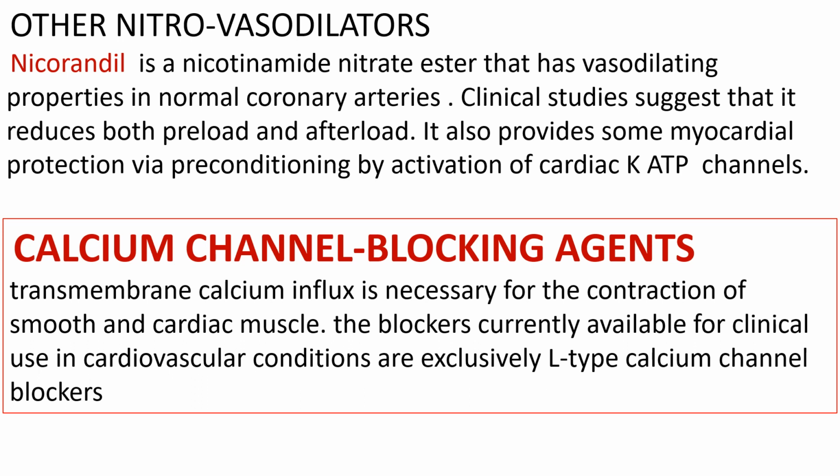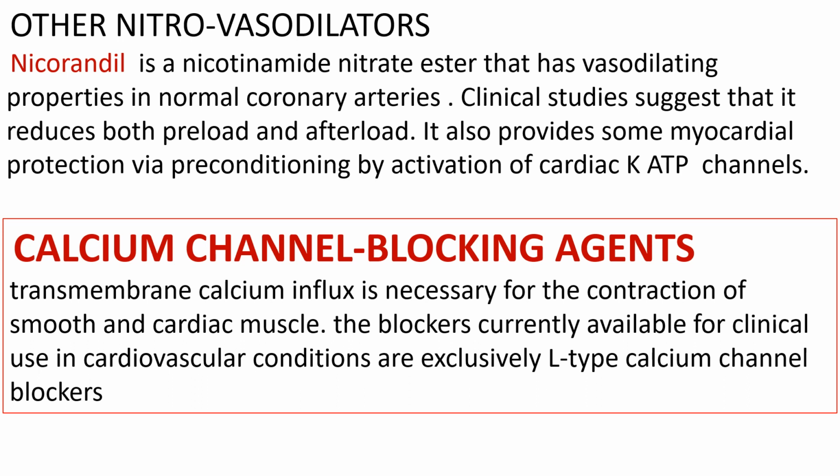Now there is one drug which comes under the category of other nitrovasodilators, and the name is nicorandil. It is a nitrate ester that has vasodilating properties in normal coronary arteries. It reduces both the preload and the afterload, and it also provides some myocardial protection. How?